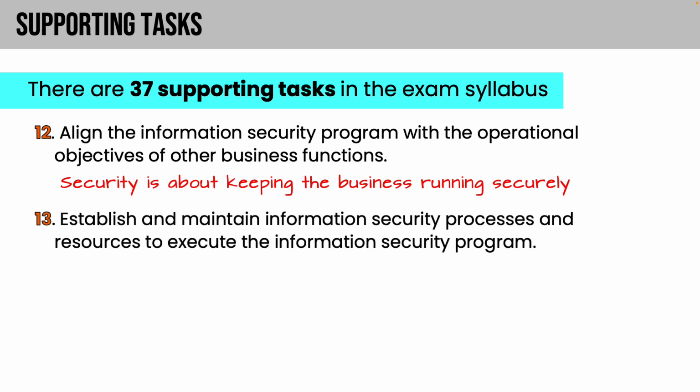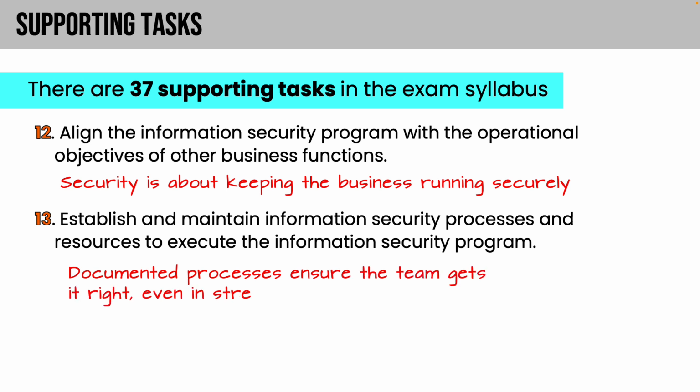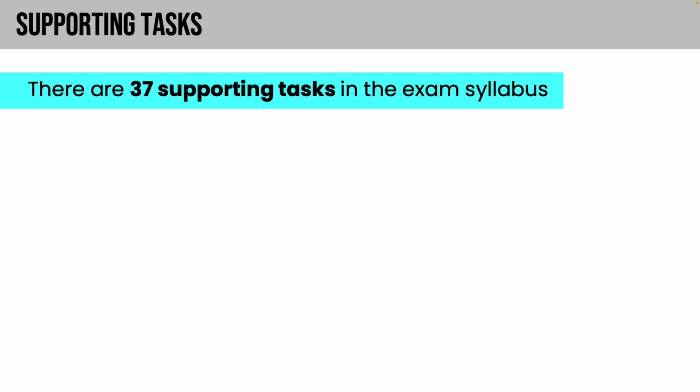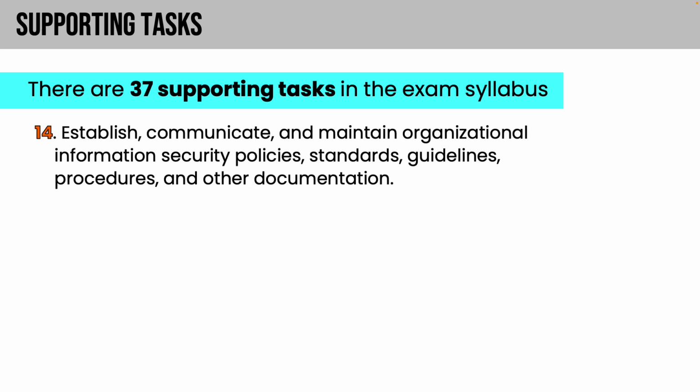13, establish and maintain information security processes and resources to execute the information security program. At the end of the day, documented processes ensure the team gets it right, even in stressful circumstances. It also eliminates any disagreements over what policies and processes are due to lack of documentation. 14.